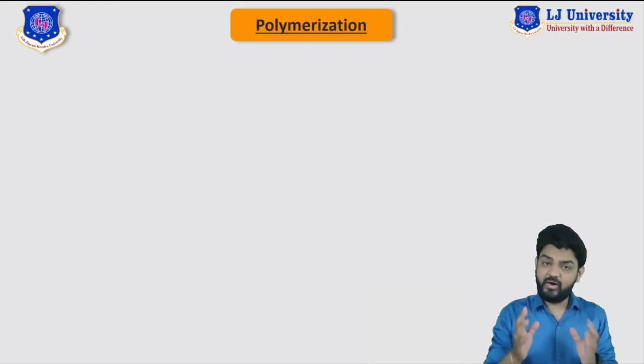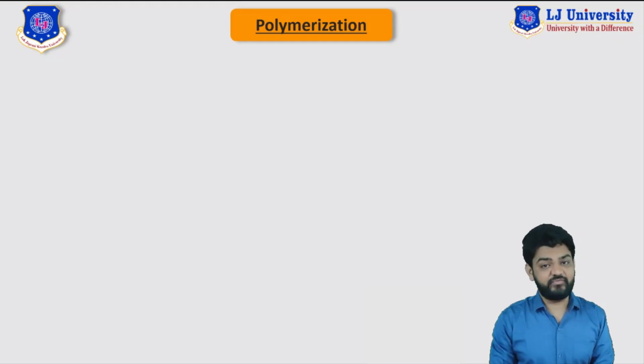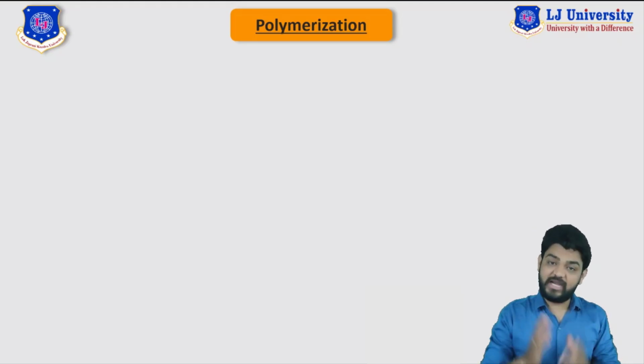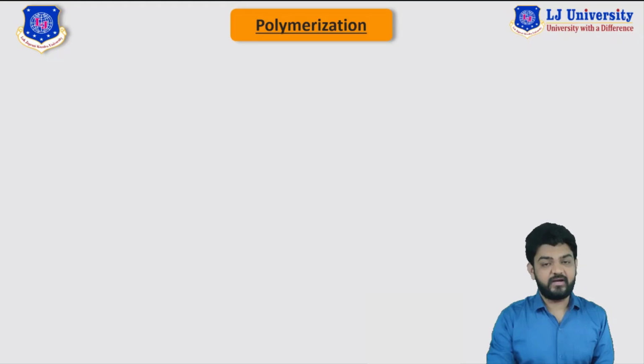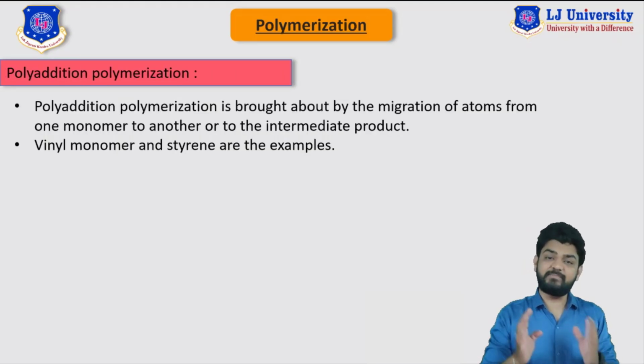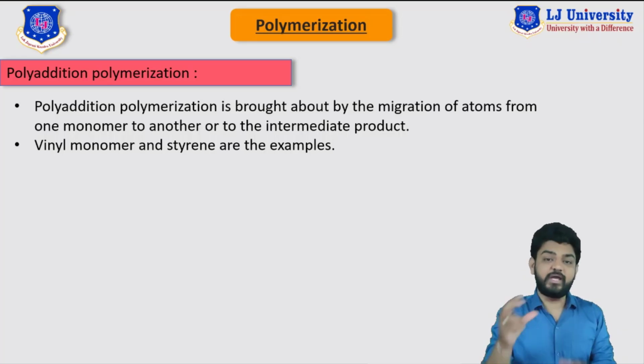Now, we are about to see the next category of polymerization technique, after condensation polymerization or step polymerization reaction, and that is addition polymerization, or we can say poly addition polymerization. Basically, this poly addition polymerization is brought about by migration of an atom from one monomer to another monomer.